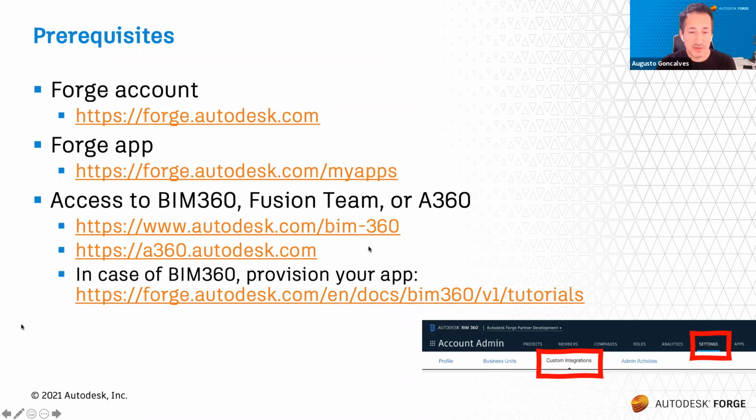If you want to connect to BIM 360, you have to pay special attention that you need to be an account admin to authorize the application to access the account. But I'm going to show you all of that, so don't worry. But you need those 3 things. You need the Forge account, you need the client ID, which is your Forge app, and you need at least one hub to make the sample work. And if you need that hub to be BIM 360, then you need to provision it to give access to it, and we're going to discuss that.